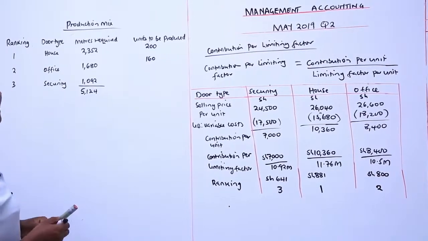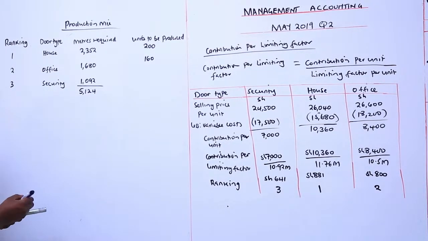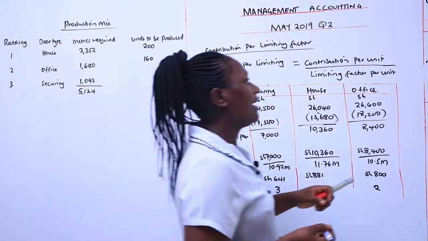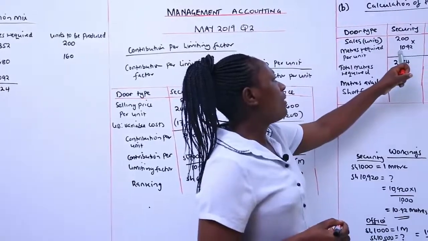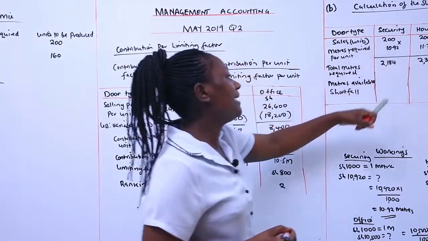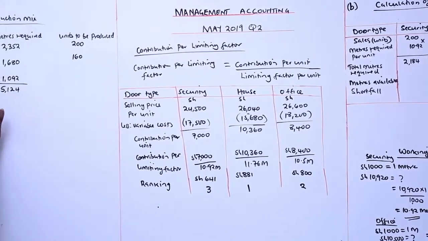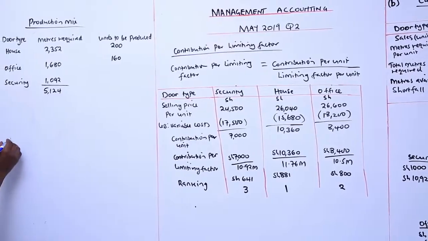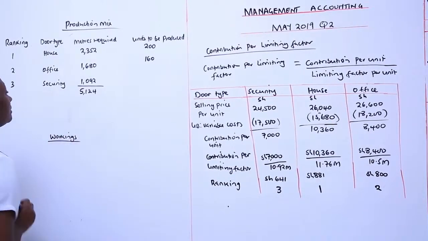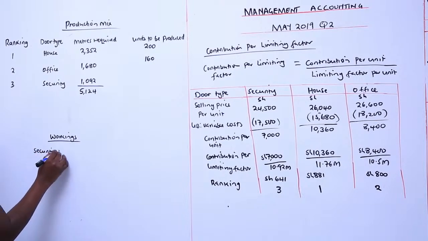And therefore, we need to determine how many units we need to produce. So according to the question in part number 1, for us to produce 1 unit of security, we require 10.9 meters. These are workings for security door type.